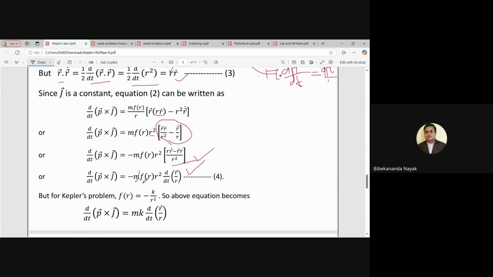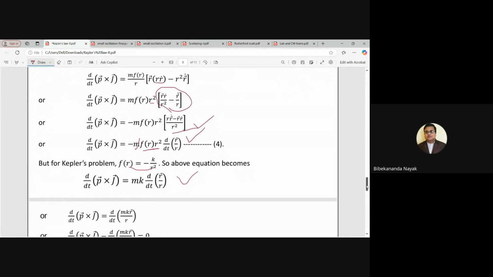I want to put here some constant because we know for Kepler's problem f(r) is equal to minus k by r square. So f(r) into r square is nothing but minus k. Multiplying this, I find the term m k d by dt of r by r. Since m and k are constants, I can take them inside the derivative; they are not affected by the derivative.